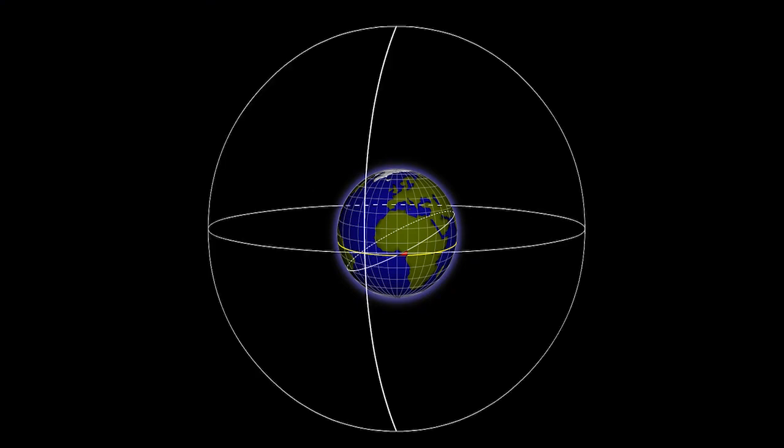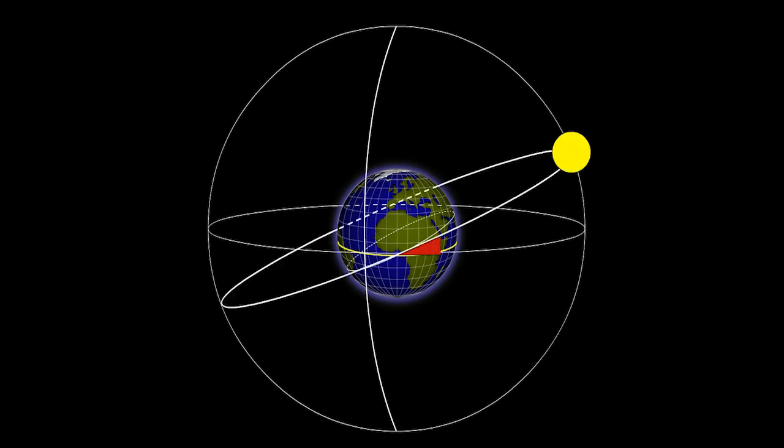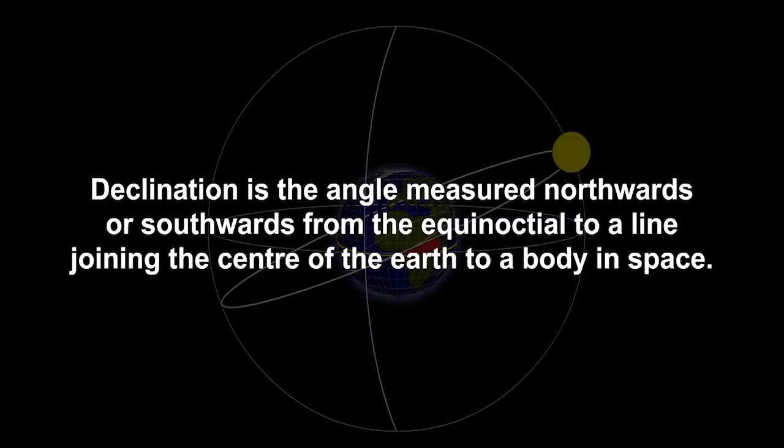For celestial measurement, we imagine the equator expanded out into space to form the equinoctial, and again measure the elevation angle to some point in space. This angle, which is the celestial equivalent of latitude, is called declination. Declination is the angle measured northwards or southwards from the equinoctial to a line joining the centre of the Earth to a body in space.